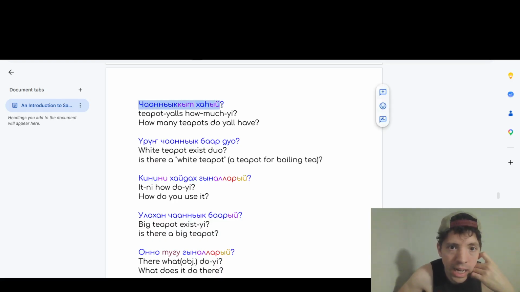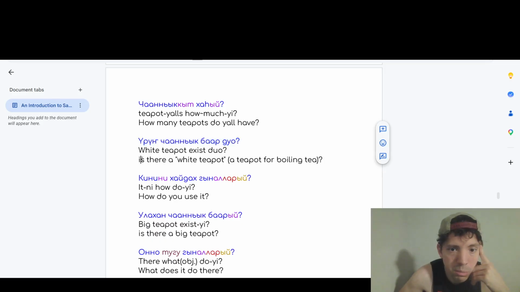Chanyakut hachi. So we have chas being how much, and then the question in an e, so that sa becomes a ha, as it often does when it meets a vowel starting ending. Chahi. Chanyakut chahi. How many teapots do y'all have? Urun chanyak bardwa.